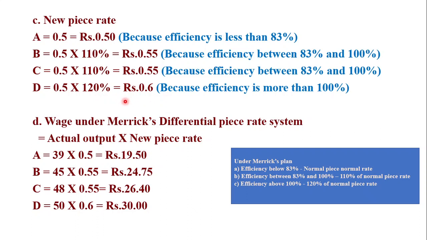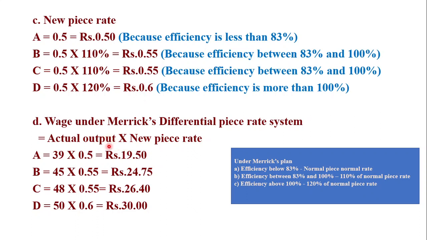After calculating the new piece rate, we can calculate the wages. The formula for calculating the wages under Merrick's differential piece rate system is actual output into new piece rate. Actual output given in the problem for A, B, C, D is 39, 45, 48, 50 respectively, into the new piece rate we have calculated: for A 0.5, for B 0.55, for C 0.55 and D 0.6.